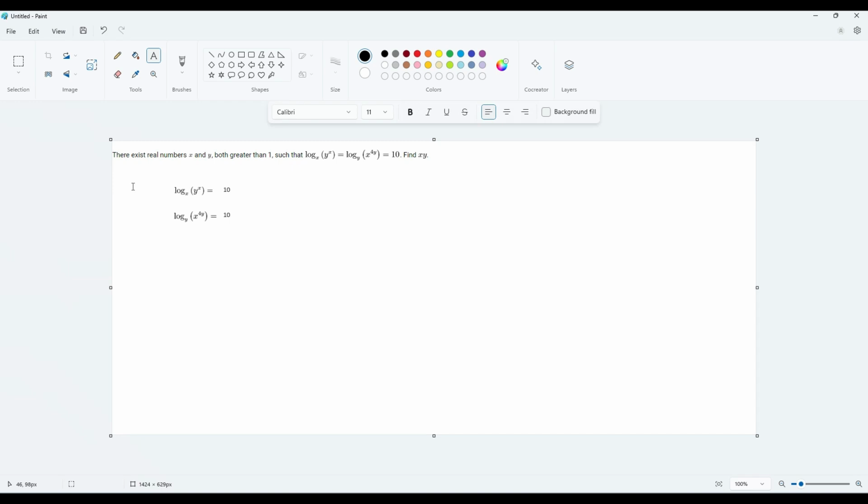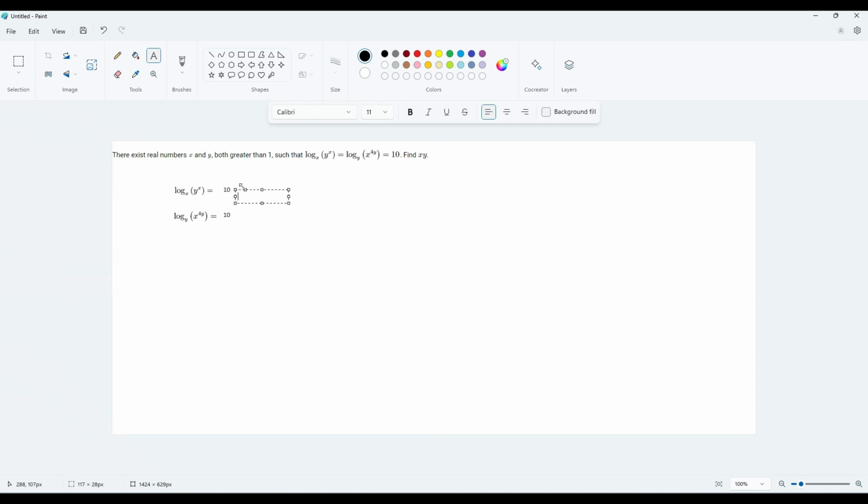Because every time it'd be log x of y, if it's going to keep multiplying itself like that, it'd be the same thing as just doing x times log x of y. So let's simplify that down, and it'd also be equal to the same number there as 10.